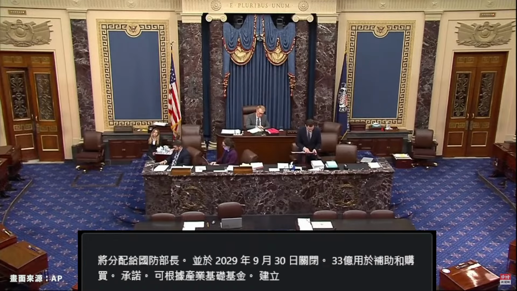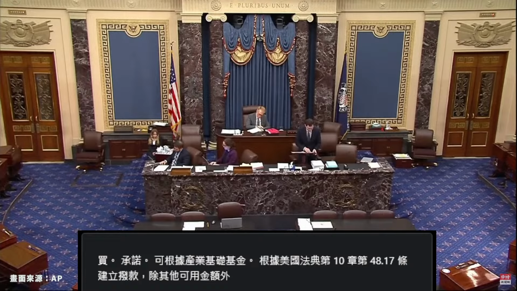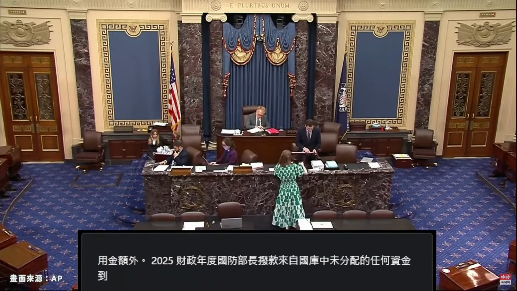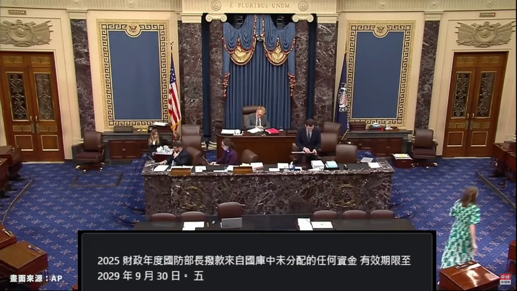In addition to amounts otherwise available, there is appropriated to the Secretary of Defense for fiscal year 2025 out of any money in the Treasury not otherwise appropriated, to remain available until September 30th, 2029, $5 billion for investments in critical mineral supply chains made pursuant to the Industrial Base Fund established under Section 4817 of Title 10, United States Code.